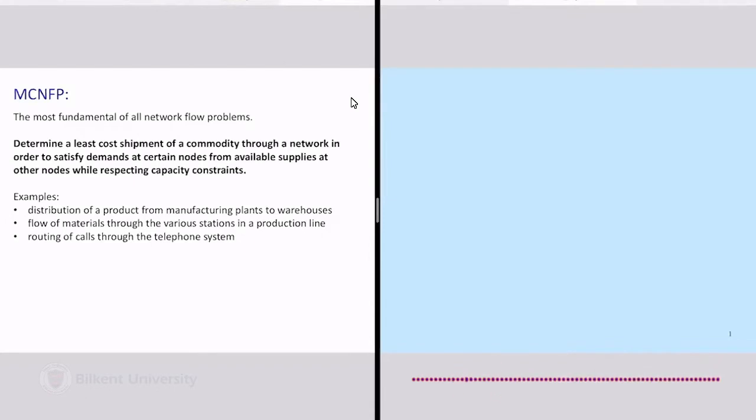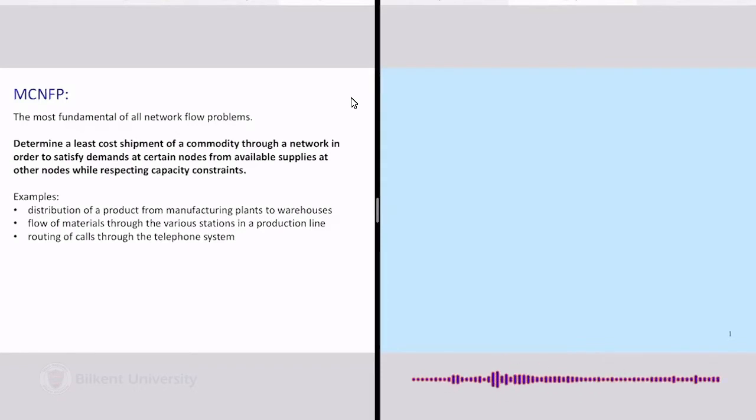So we have suppliers, factories, we have warehouses, our distributors, and we have the road network as the network that we're supposed to work on, right? Or flow of materials through various stations in a production line or in a telephone system, right? The applications of minimum cost network flow problem structure are a lot.